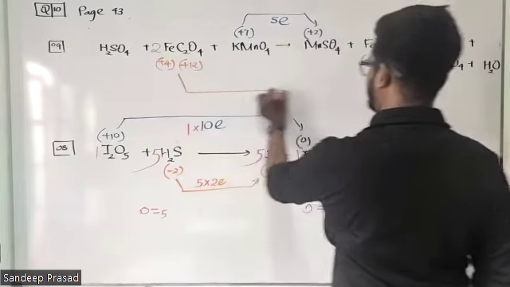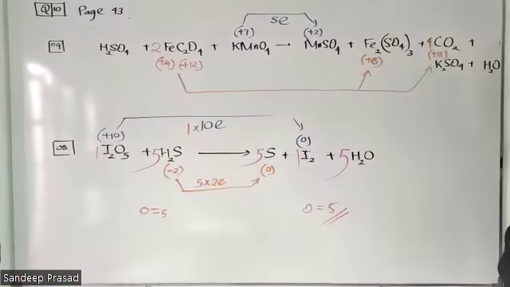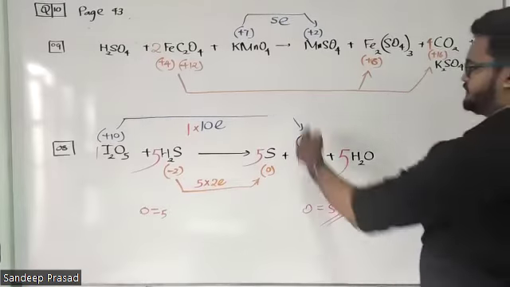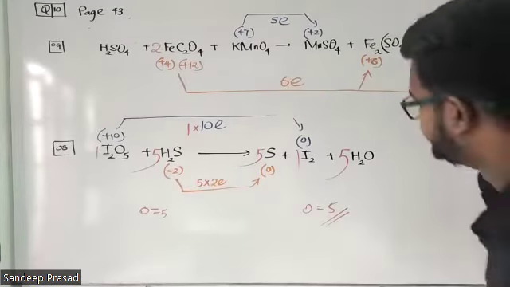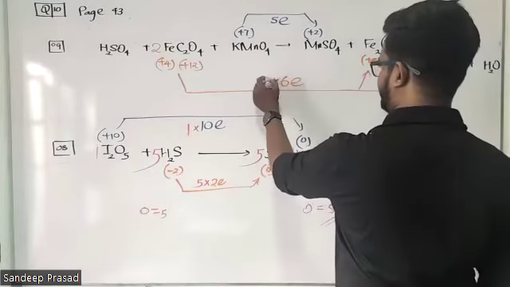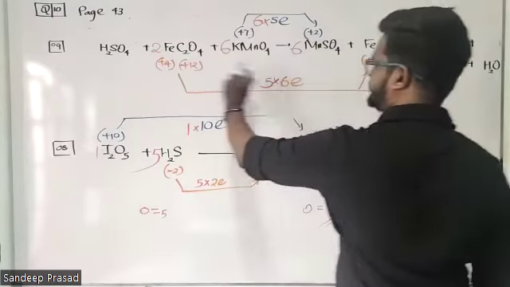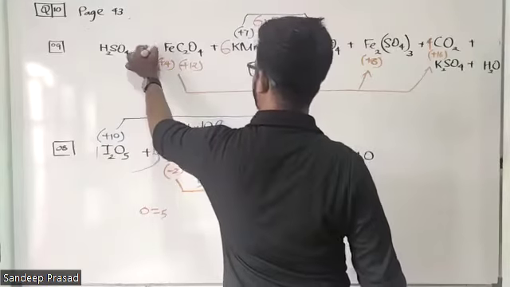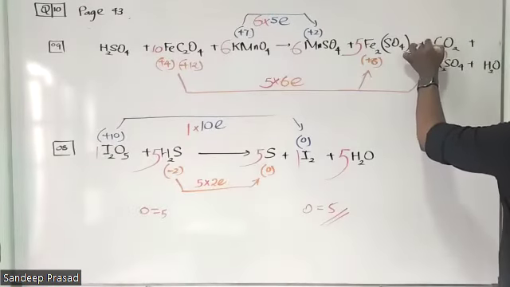Then total increment is plus 26, 6 electrons. Then you have to multiply this one by 5, this one by 6. Then this becomes 10, 5, 20.